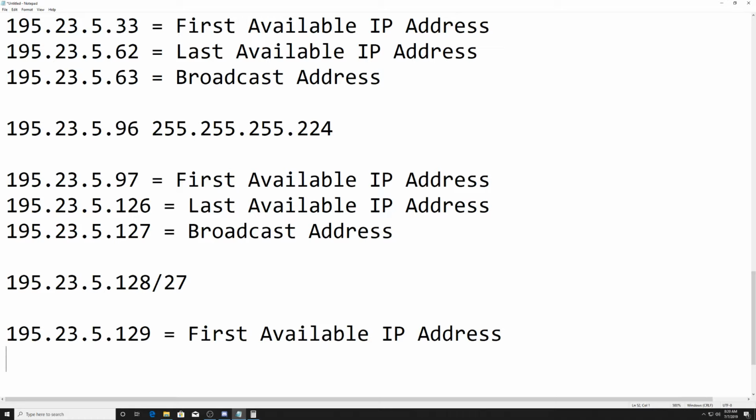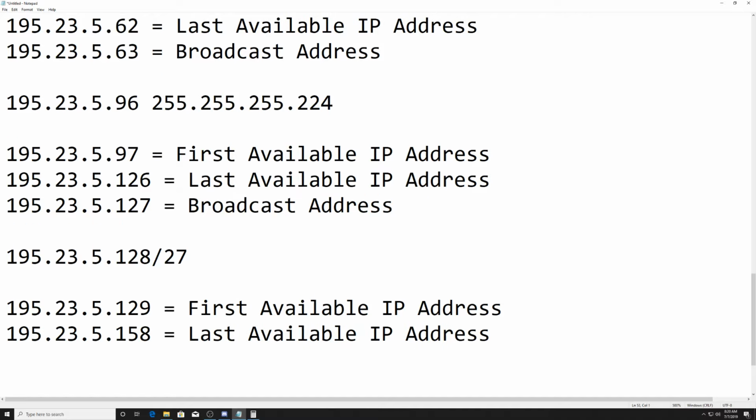The last available IP address you will be able to use will be 195.23.5.158, the last available IP address that you can give to your host. 195.23.5.159 equals the broadcast address, because 160 is the next network.